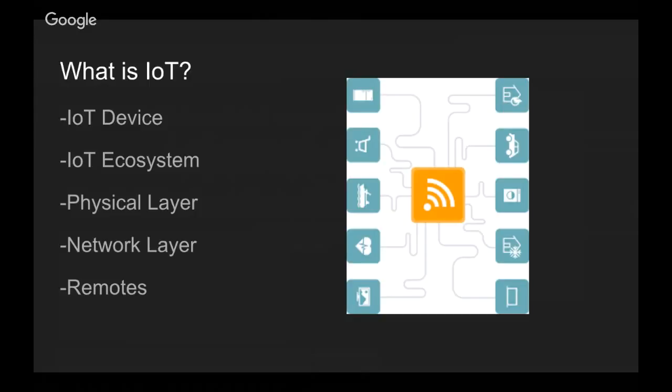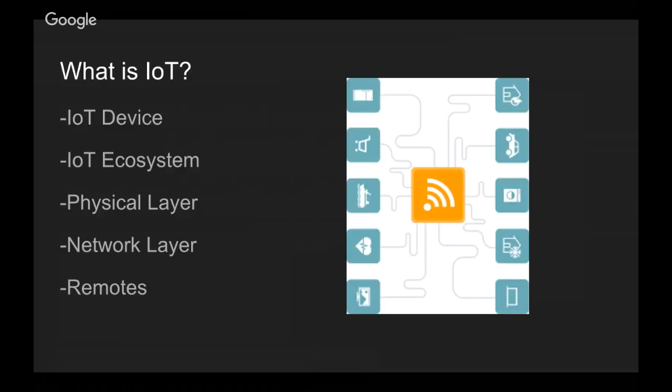To elaborate a little more fully, we need to understand some terms in order to get a clearer picture of what IoT is. So, to go over some terms, an IoT device is any standalone internet-connected device that can be monitored and/or controlled from a remote location.